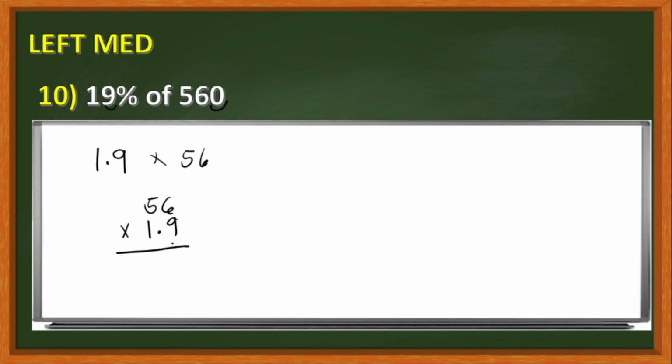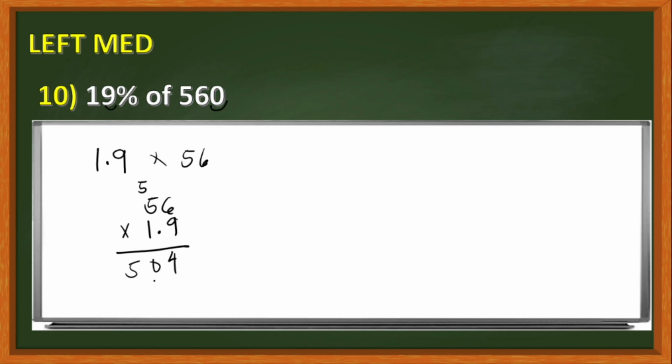9 times 6 is 54. 9 times 5 is 45 plus 5, we have 50.